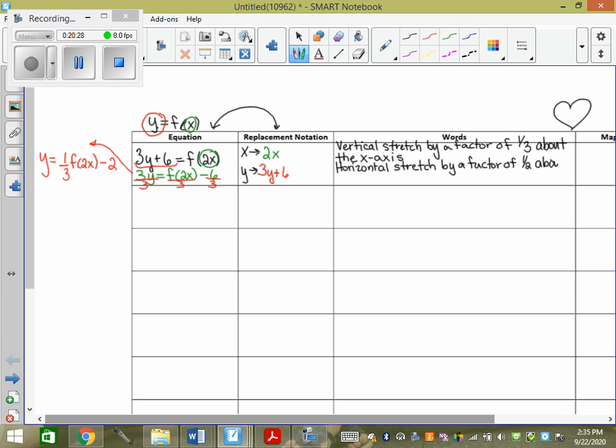About the y-axis, not the x-axis, so it's about the opposite one. And then all I have left is this minus 2 at the back. So it's the vertical translation 2 down.